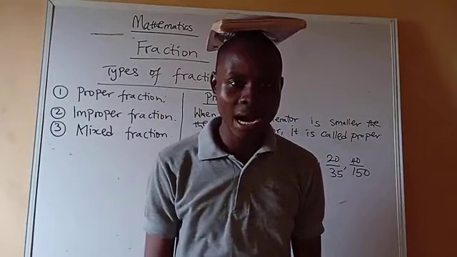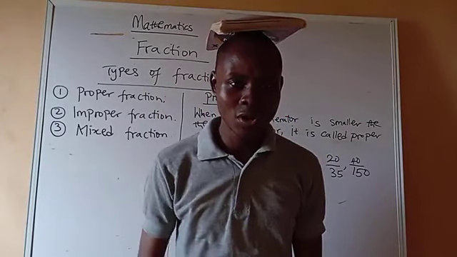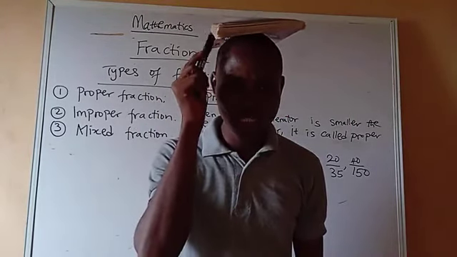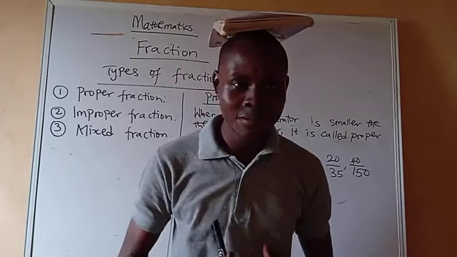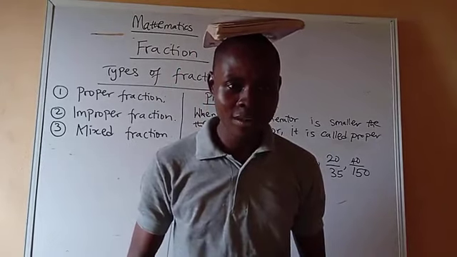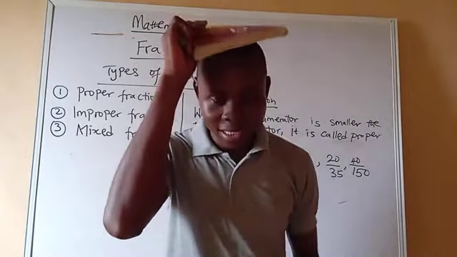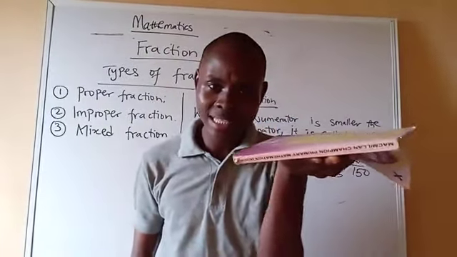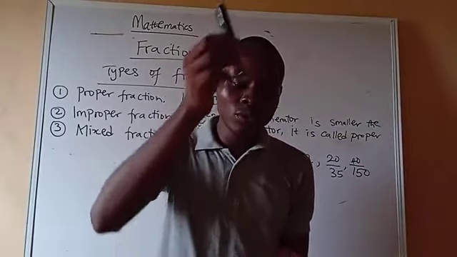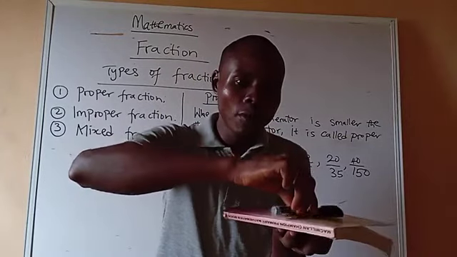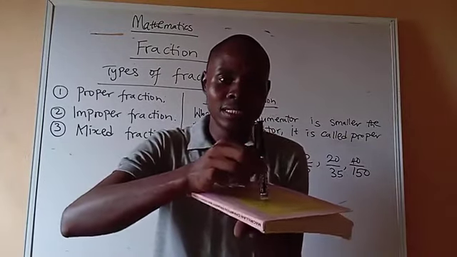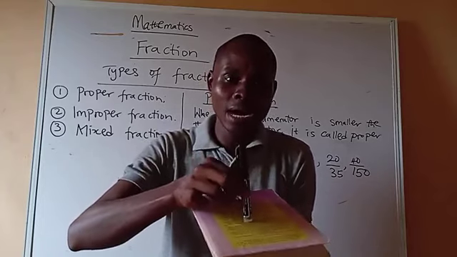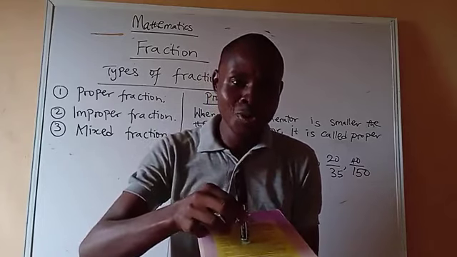This is a proper fraction because this textbook is smaller than me. This is a marker, this is a book. This book is bigger than this marker. So if I put this marker on top of this book, this is a what? A proper fraction. Do you understand?